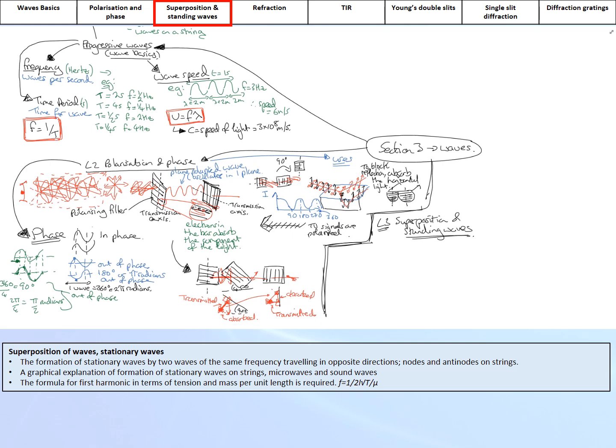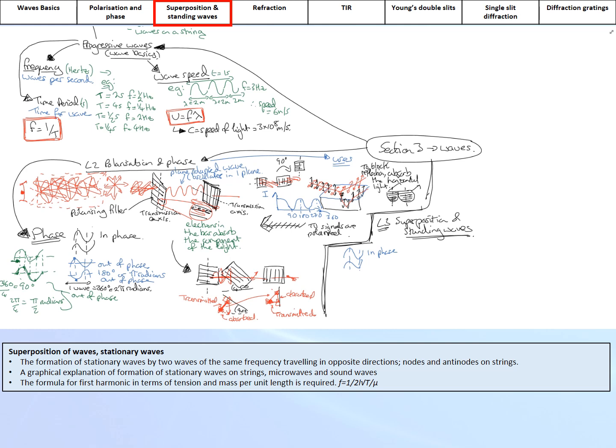And it leads on from the bit on phase. So imagine we had a wave. In fact, imagine that we had two waves that were in phase, such that the peaks and the troughs lined up. If you had those two waves in the same medium, in other words, they're traveling through the same thing, so that could be two waves on water, for example, or two light waves traveling through a piece of glass, or whatever it might be, they add together.